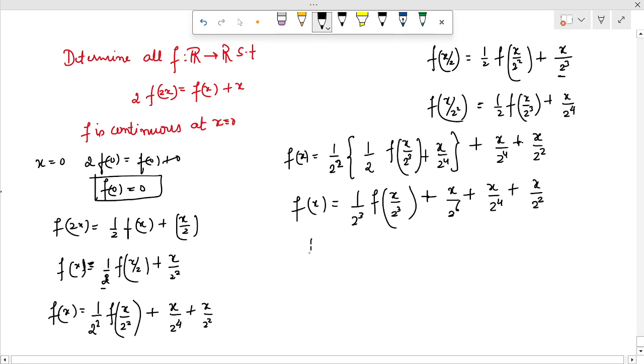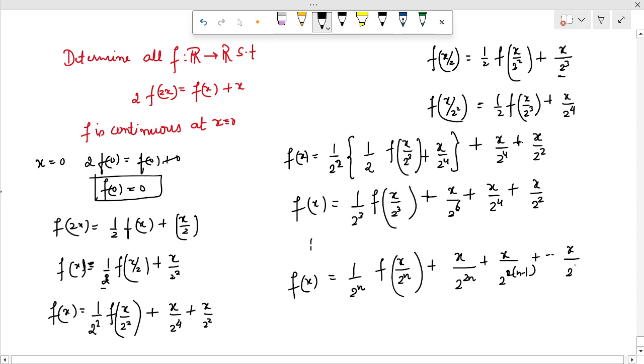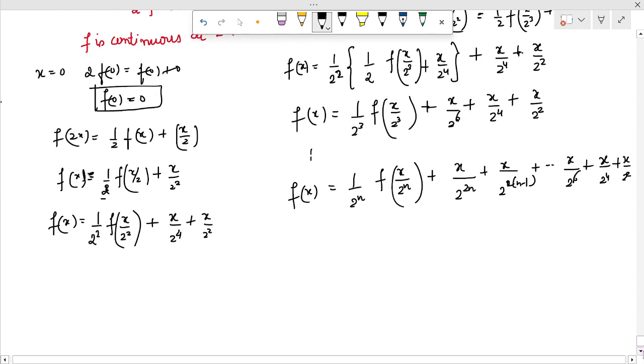So in general, I can write my f of x as 1 upon 2 raised to power n f of x upon 2 raised to power n plus x upon 2 raised to power 2n plus x upon 2 raised to power 2n minus 1, and so on, down to x upon 2 raised to power 6 plus x upon 2 raised to power 4 plus x upon 2 square.